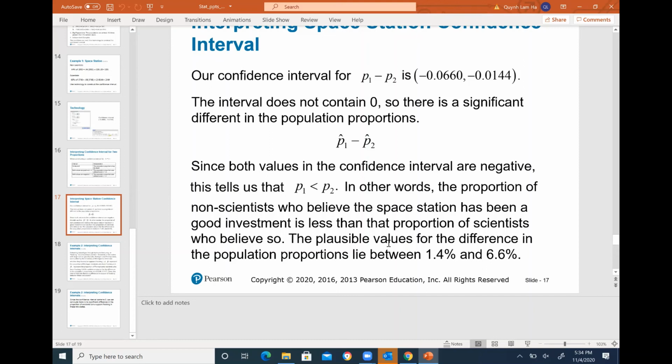So the plausible value for the difference in population proportion is between 1.4 and 6.6%. If you don't think about the negative value here, it's just setting up the difference only. When we're talking about the actual percent, you convert this into percent, and you get 1.4 to 6.6%.